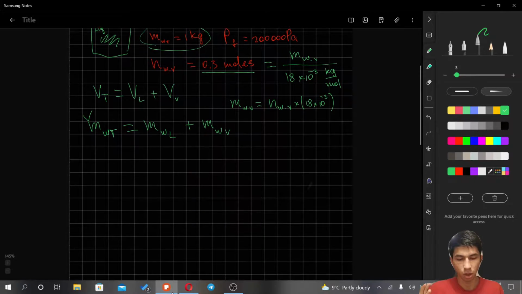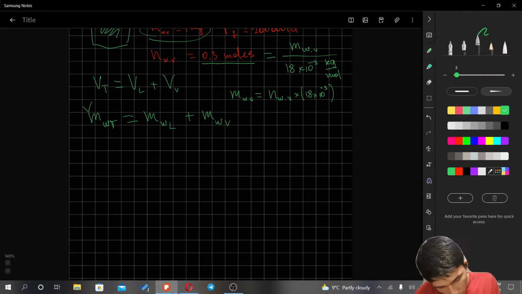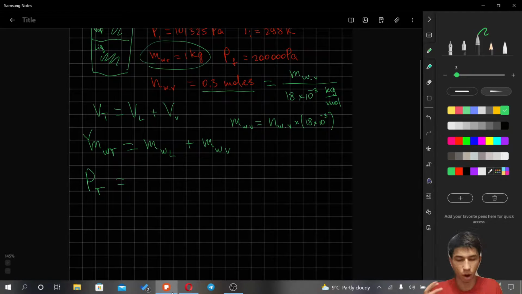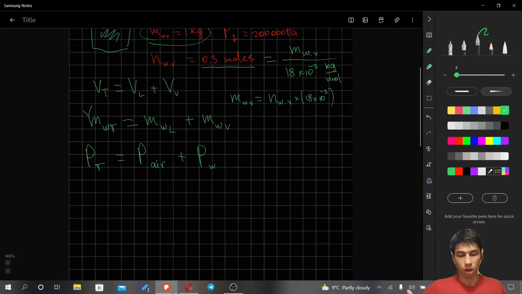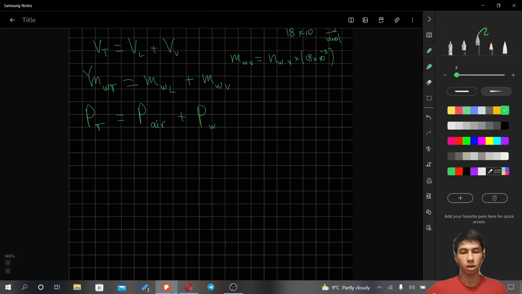So then we also know that pressure total equals the partial pressure of the air plus the partial pressure of the water, right? As we know that air is a gas, we might assume it to be an ideal gas because we don't know what kind of gas it is.